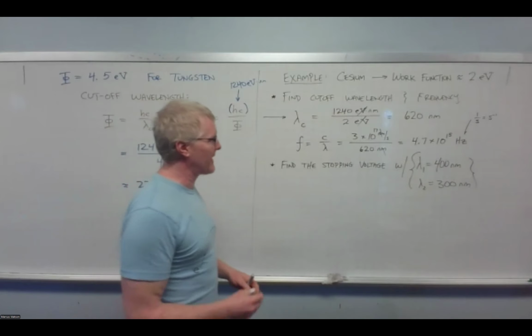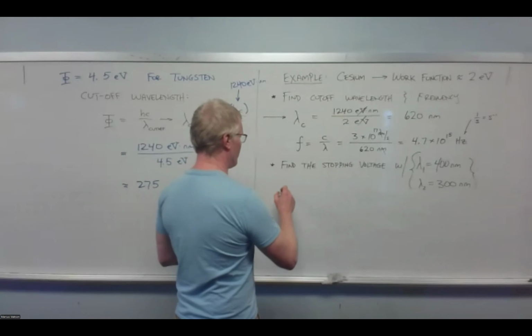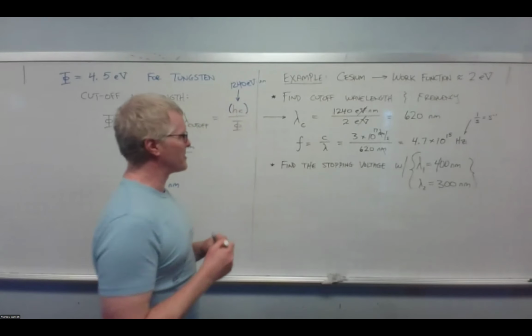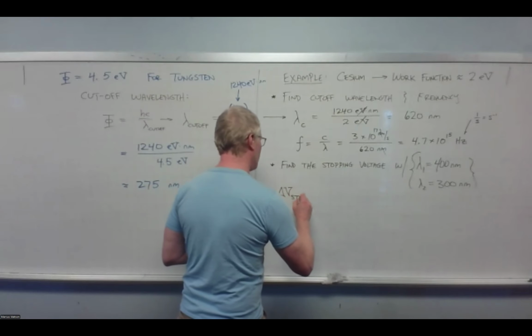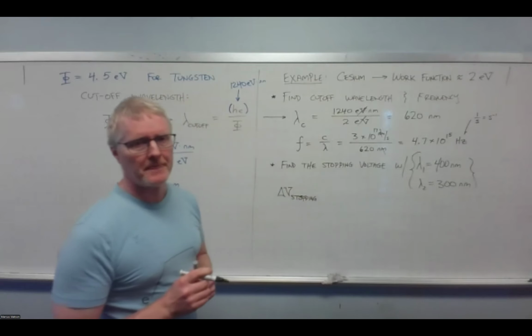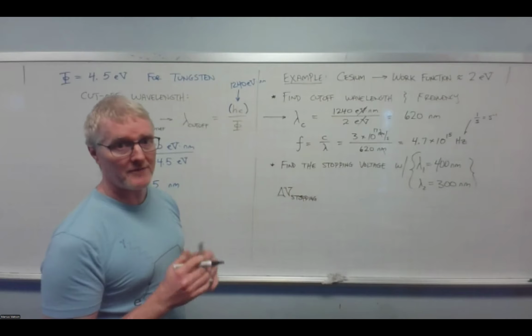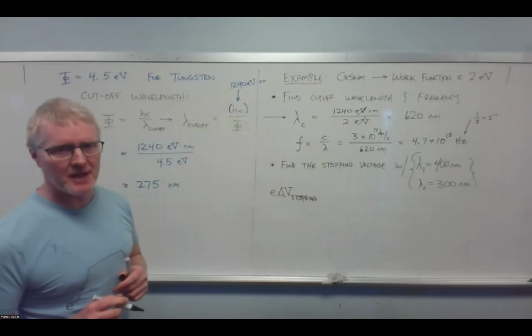All right, so in this case, my perspective would be, if I go back to the original way of thinking here, I'm going to put e times delta V stopping.